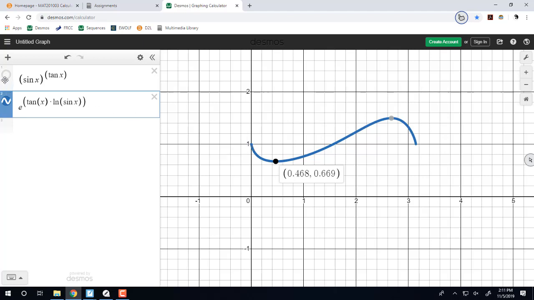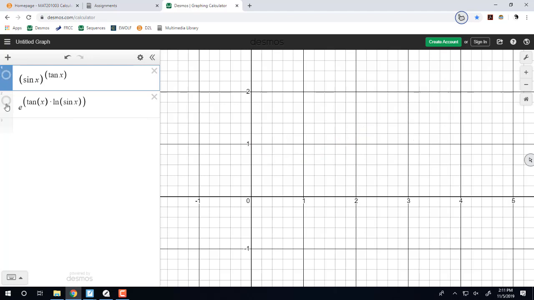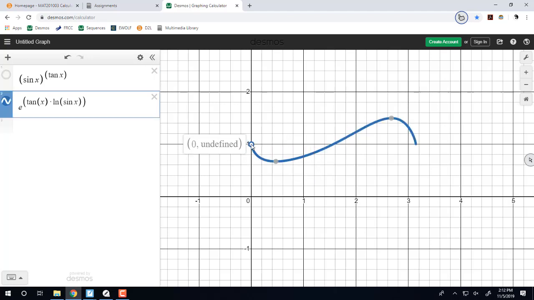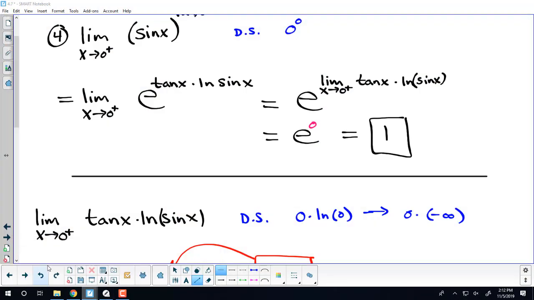I'm not quite sure what this software is using to graph this function, to have it tell us that there's a definite point at 0, 1 there. This is what we're looking at, 0, 1. There we go. All right, if there aren't any questions, then we'll take a break and start 4.9.